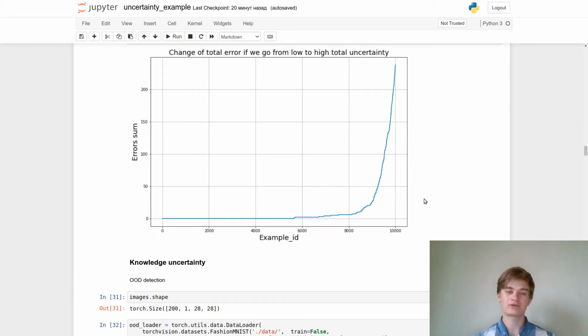And if our uncertainty is above this threshold, then we should not trust it, and we should use either some more complex model, or maybe crowdsourcing system to obtain the result for this prediction.